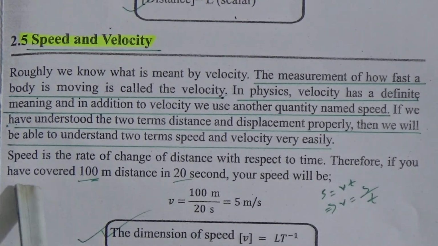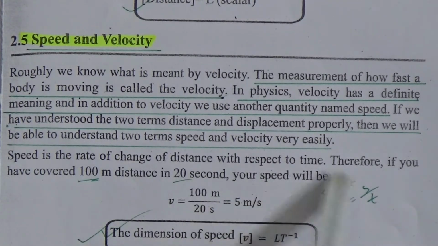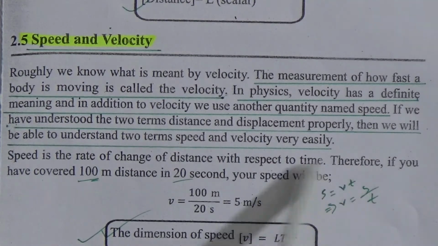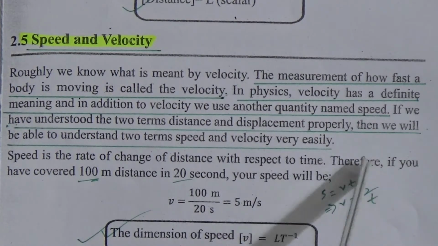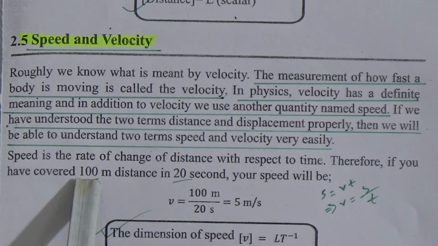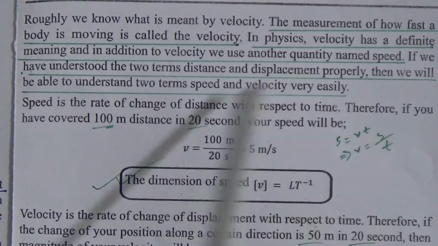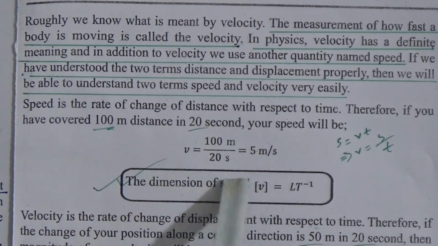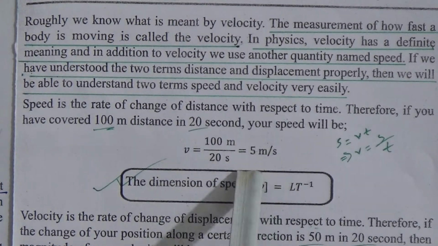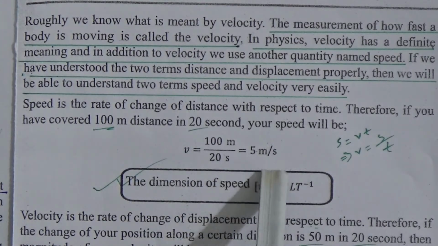Therefore, if we have covered a 100-meter distance in 20 seconds, then we know the formula S equals Vt, that means V equals S by T. Putting the value of S equal to 100 meters and the time 20 seconds, after calculating we get 5 meters per second. That means the speed is 5 meters per second.